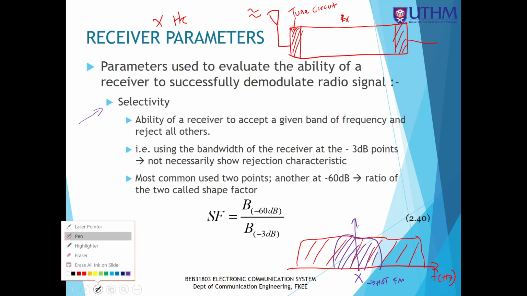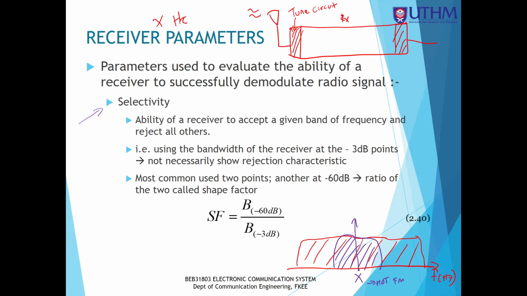Selectivity is the parameter that shows the ability of the receiver to select only the desired frequency band and remove the other frequencies. That is the ability of the filters inside the tune circuit.